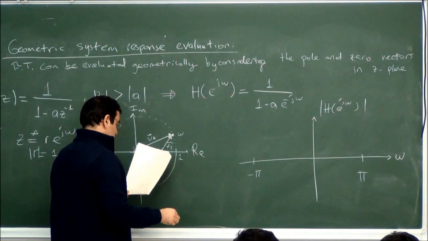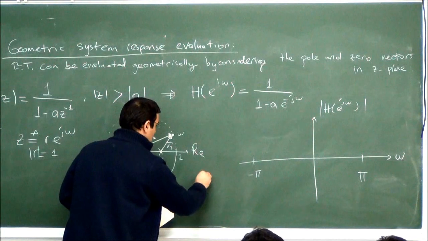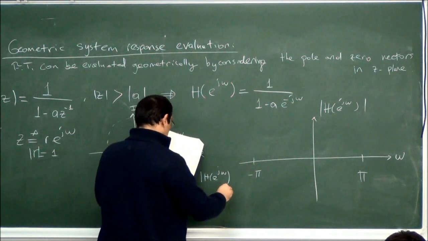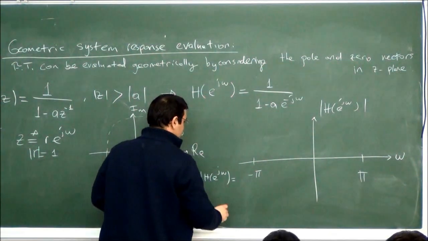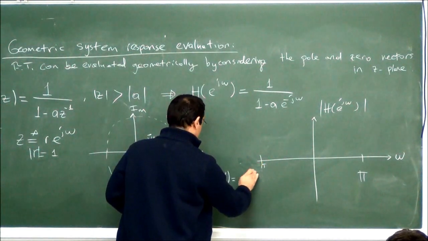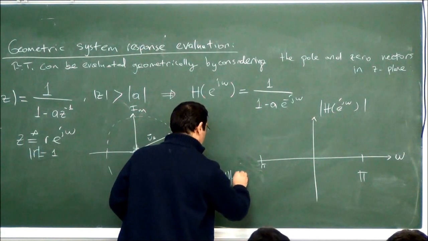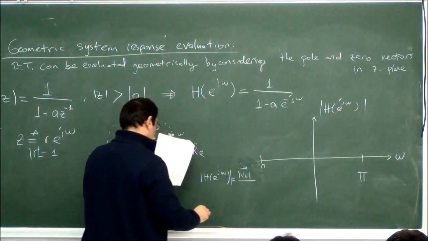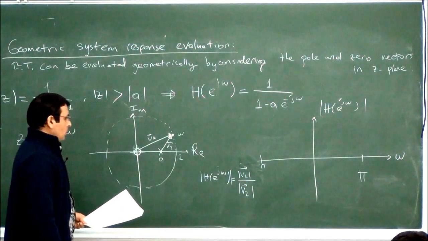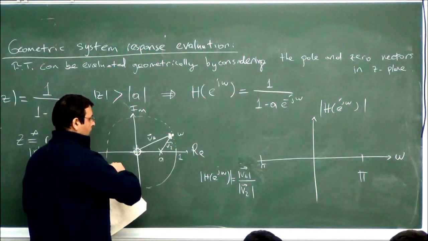In order to draw this, we use two expressions. One is for the magnitude response, and it is equal to the magnitude of V1 over the magnitude of V2.